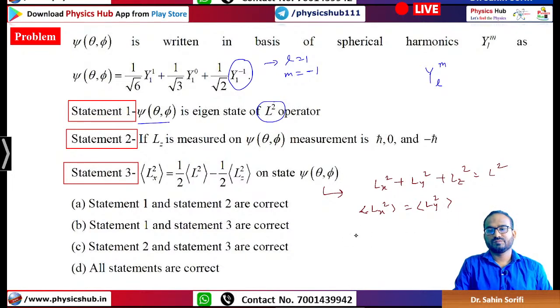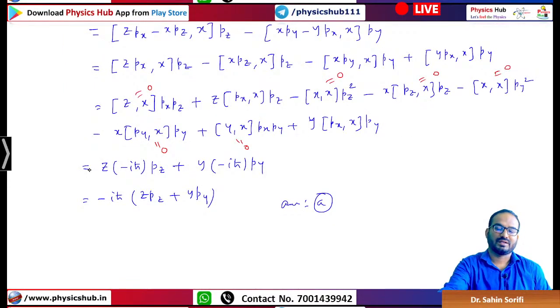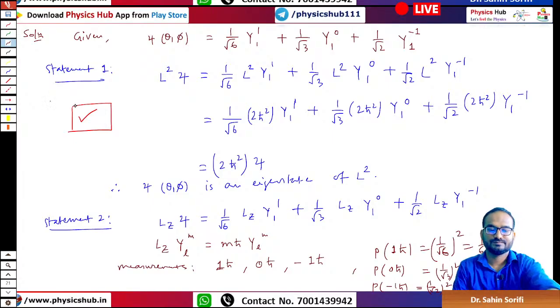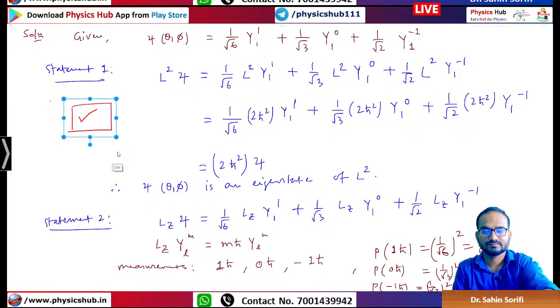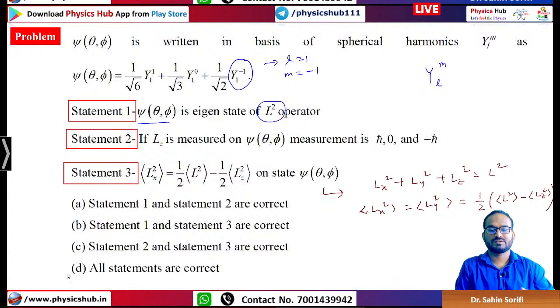So we can write them as half times L square minus Lz square, and this is what is given. So statement 3 is also correct. Statement 2 is also correct, and statement 3 is also correct. So all the statements are correct.